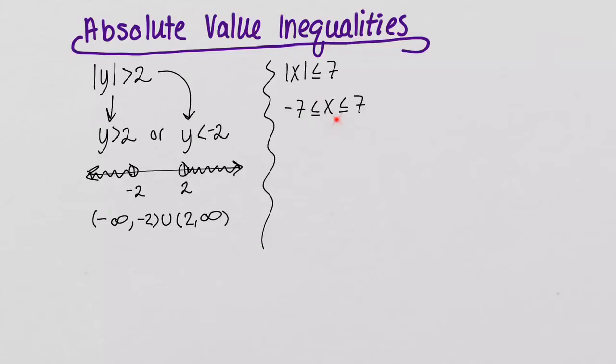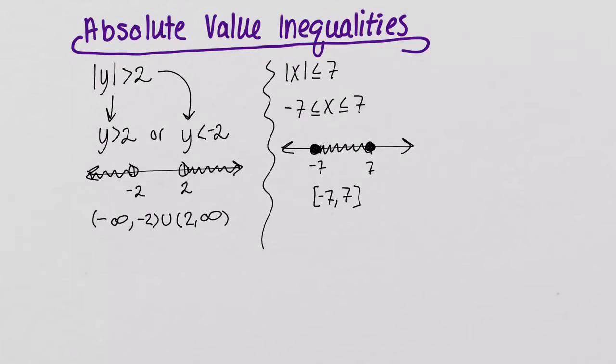So less than or equal to x, less than or equal to 7. On the number line, we'll have closed circles because we have underlines. And it's just this middle portion here. Our interval notation answer will be negative 7 to positive 7 in square brackets.